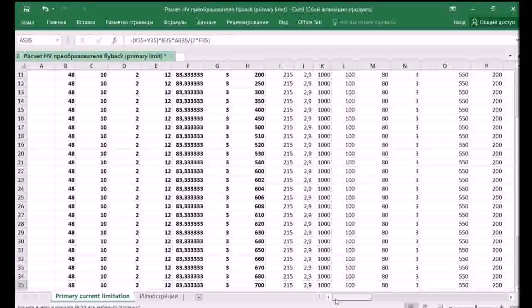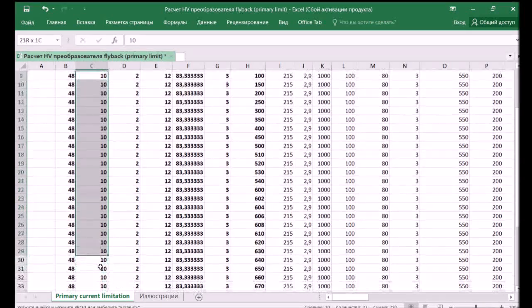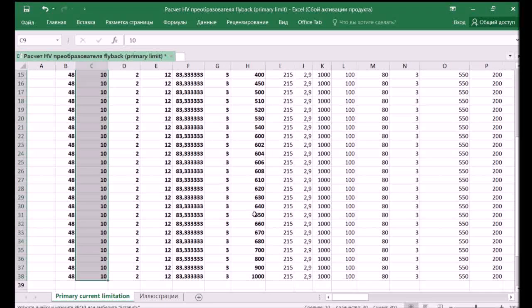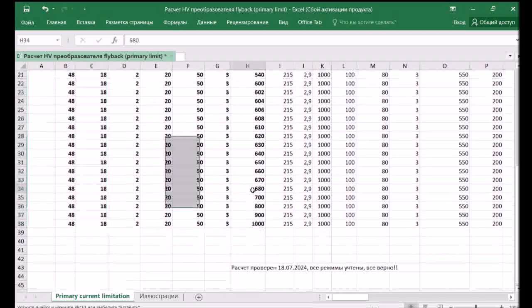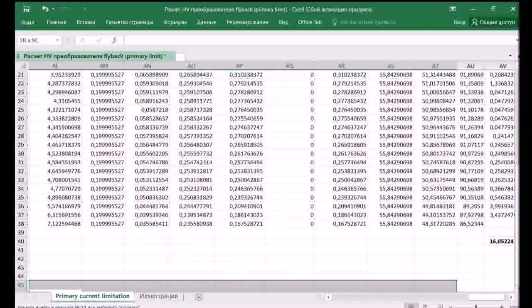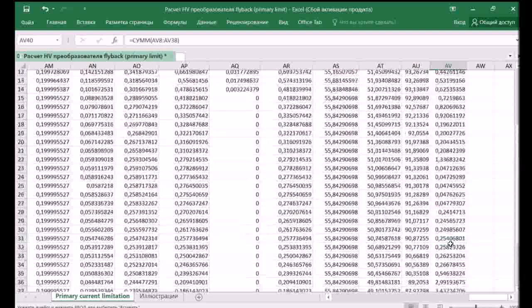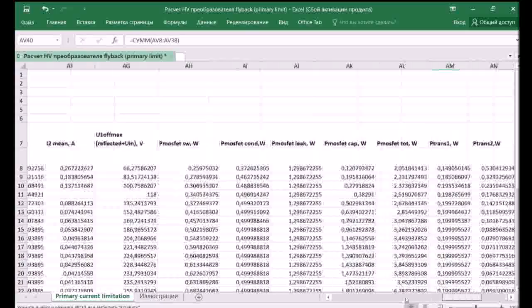Okay, now let's set, for example, we chose at first 14. Now let us set 18 microseconds, and let's look at what influence it has. It's all the time larger than when we had 14 microseconds.